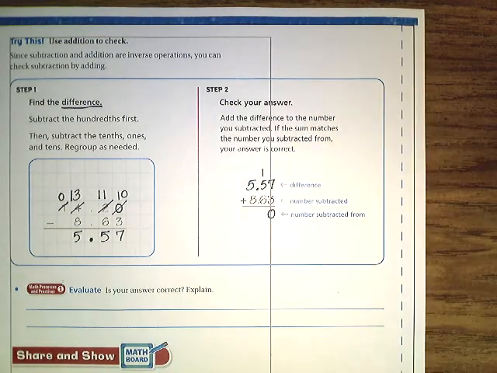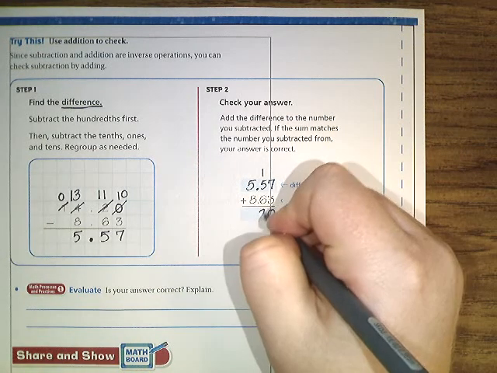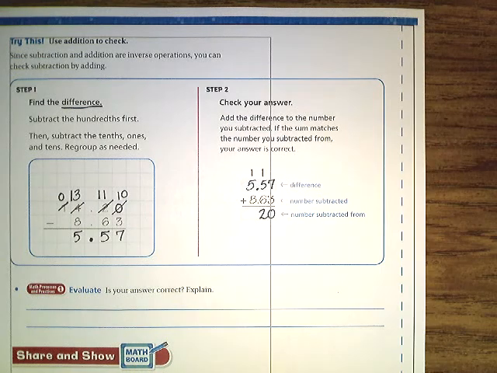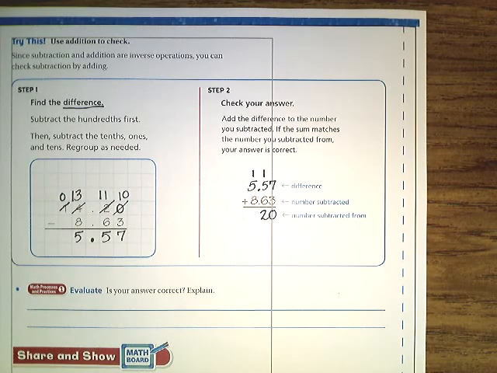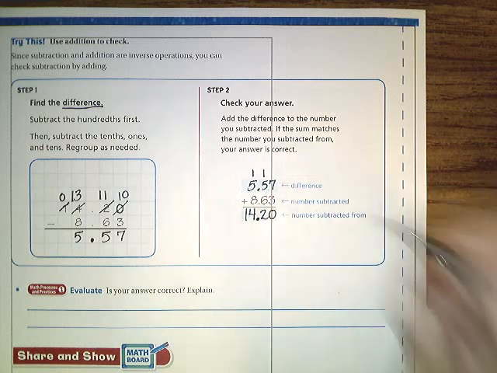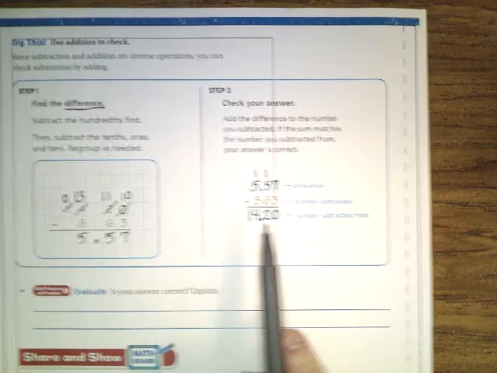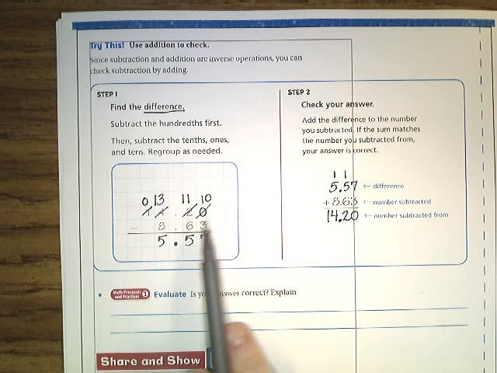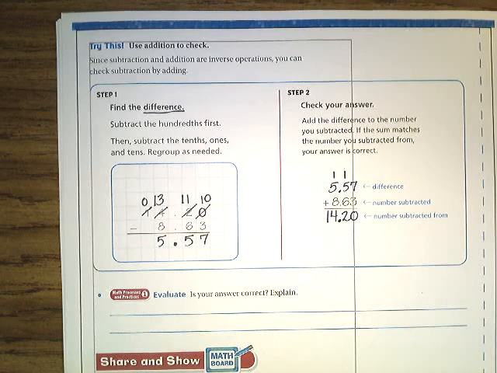Carry the 1. 6 plus 5 is 11, plus 1 more is 12. Carry the 1. 5 plus 8 is 13, plus 1 more is 14. Bring our decimal point straight down. 14.20, even though I crossed out the numbers as we regrouped. So we know our answer is correct, okay?